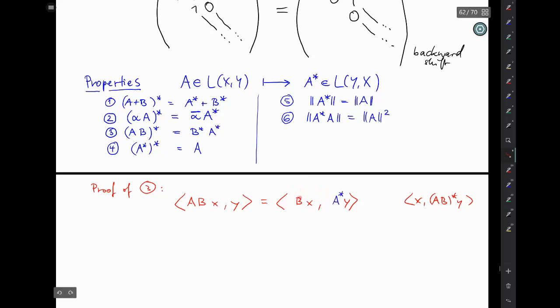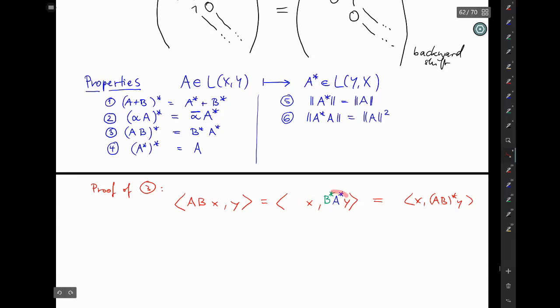And now having done that, you also move B across the comma, thereby turning it into its adjoint. But then you've already isolated your x in the first component.